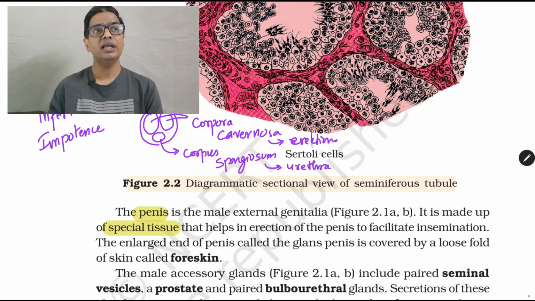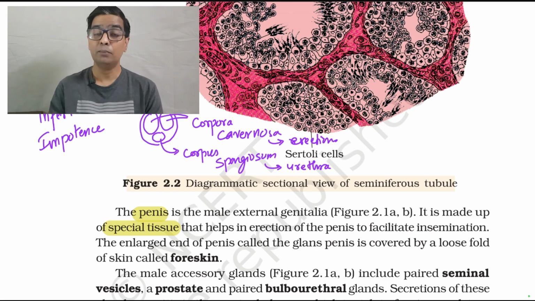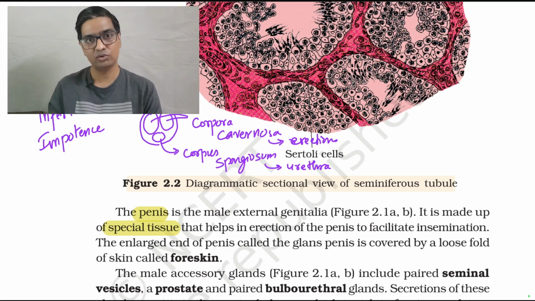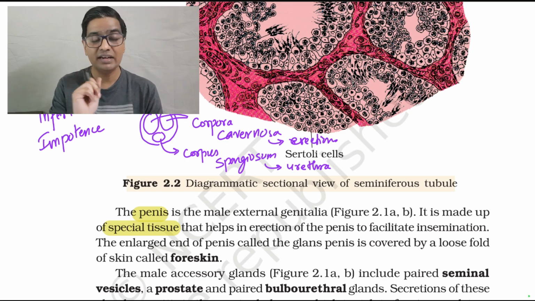In humans, erection is a vascular phenomenon. Vascular phenomena means that more blood rushes to the penis whenever a male gets a sexual thought or is aroused. Then more blood is pumped into the corpora cavernosa, and less blood leaves the corpora cavernosa. This creates an imbalance.